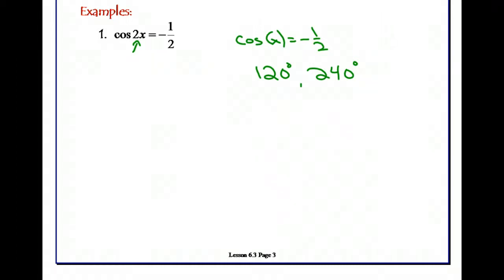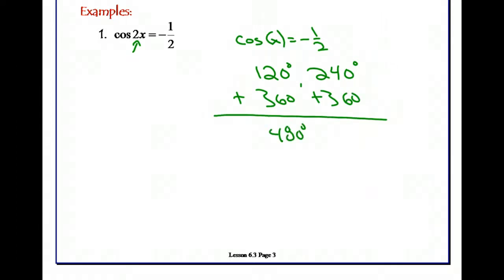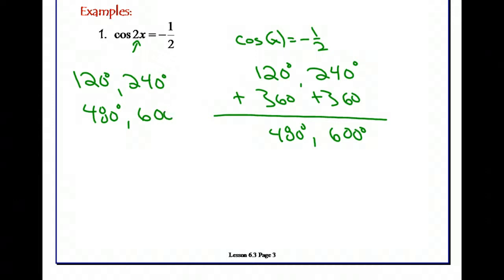Okay, we've got a 2x in here, so our graph is occurring twice as frequently. So to each of these answers, I'm going to add on a 360. And when I do that, I get a 480 and a 600. So I now have 4 answers. I have my first 2, 120 degrees, 240 degrees, then I have a 480 degrees, and a 600 degrees.